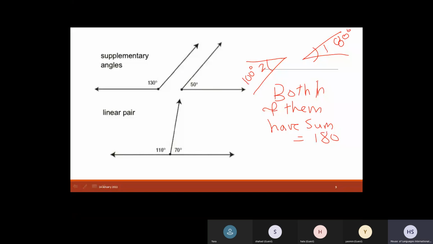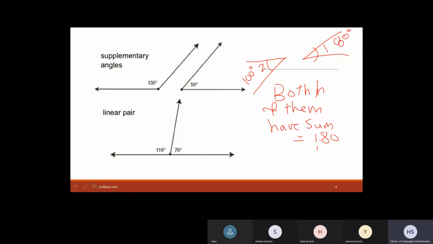Because I told you that angle 1 and angle 2 are supplementary, so if I add them, I must get 180. But in the second case, if I didn't tell you, you must know that it's a linear pair, and if this is 70, this will be 110. Yes, if I didn't tell you, it must be 180.